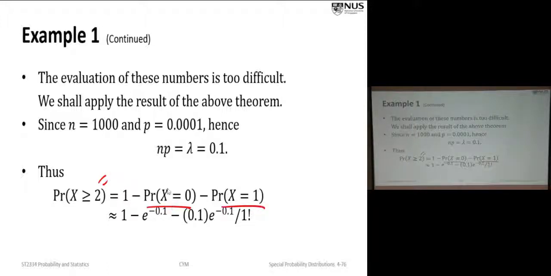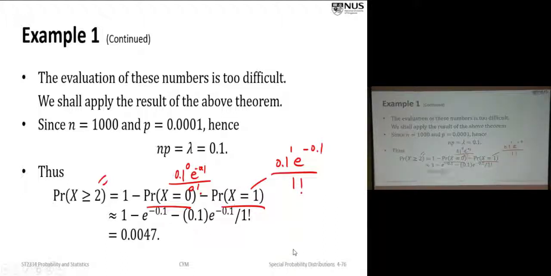So the probability x equals 0, if you use the Poisson approximation, is lambda to the power x, e to the power minus lambda, divided by 0 factorial. So that's why it's e to the power minus 0.1. And the next is 0.1 to the power 1, e to the power minus 0.1 over 1 factorial. So this is the approximation.